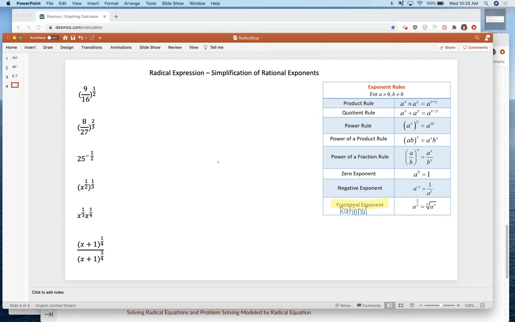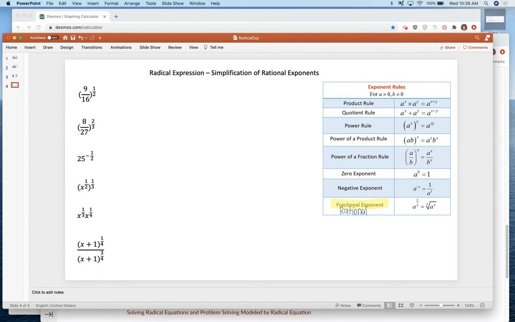In this session, we will discuss radical expressions written as rational exponents, as you see here. In the exponent rules, there is a rule called fractional exponent, but it is most known as rational exponent, because the word rational means fraction.